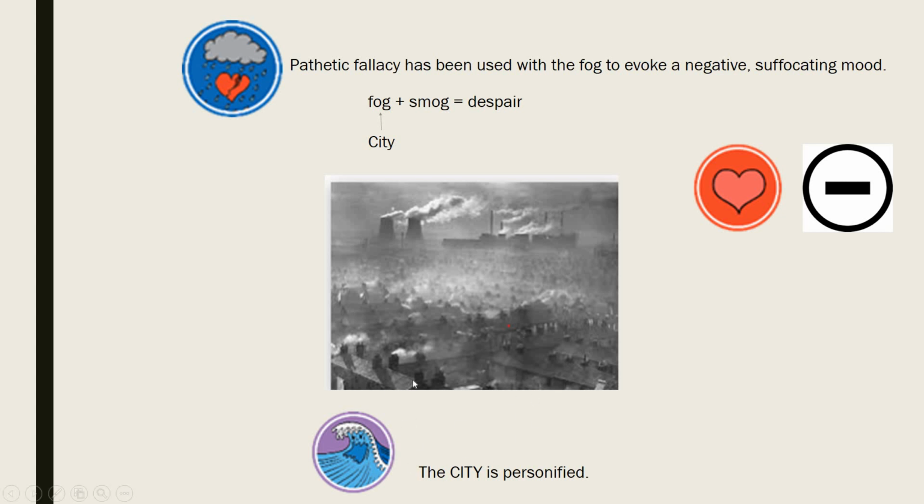So the writer talks about the city, and then you can look at how she layers the description of the city. So you've got the city, but then we have got the fog plus the smog, which leads to despair. And although the fog and the smoke creating the smog is laying low, it's not that much higher than the city. It will envelop the people around it.